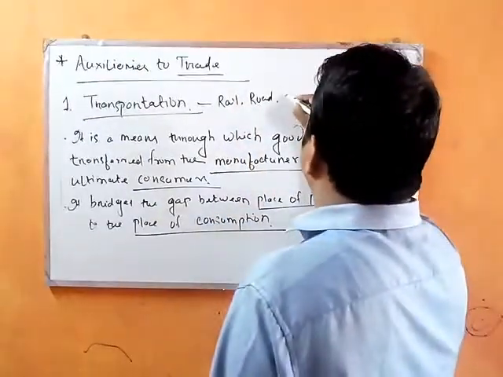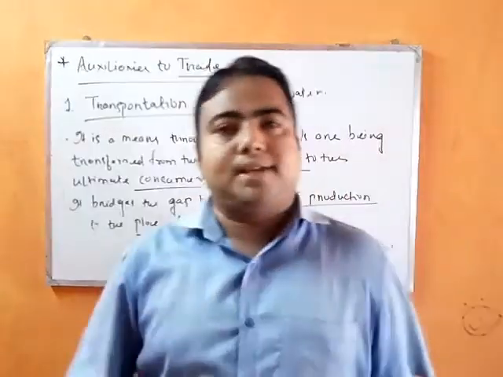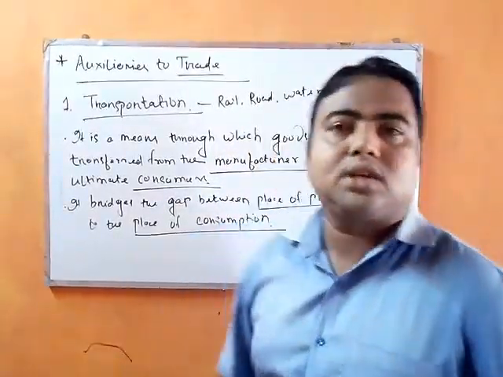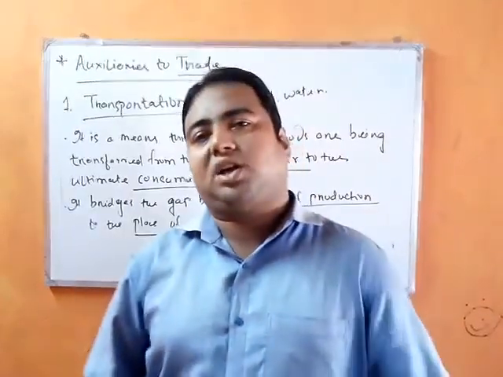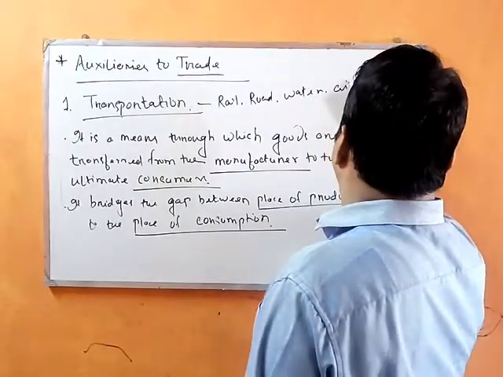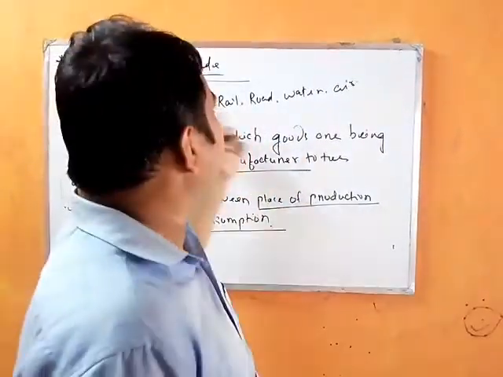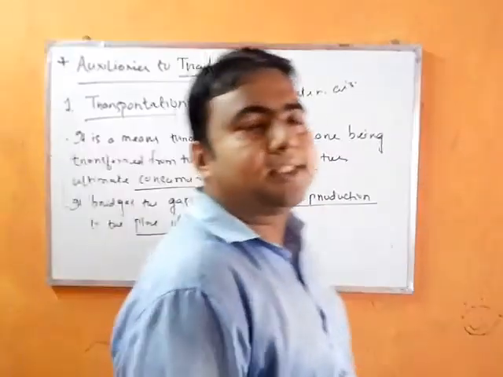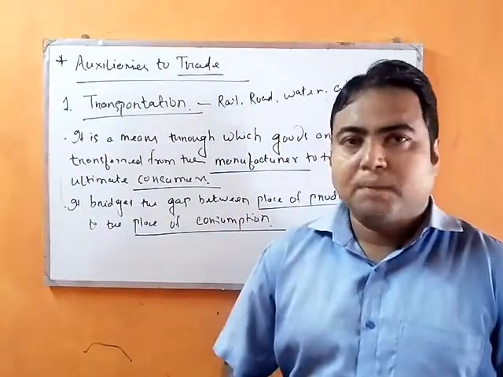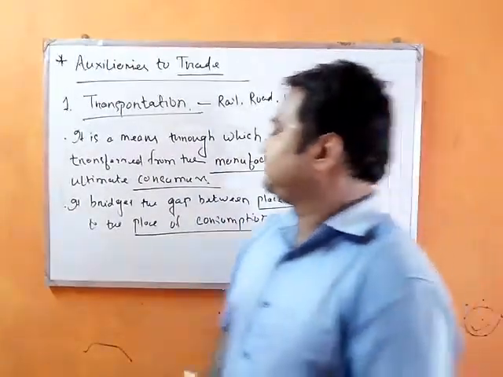Then water also plays a vital role as a means of transportation with the help of huge vessels, and in certain cases air transportation. So rail, road, water, air, these are the various modes of transportation through which the goods are properly dispatched from the manufacturer to the ultimate consumer.